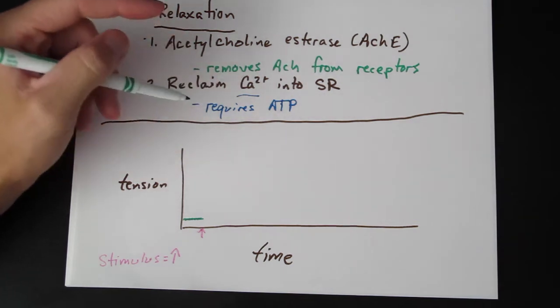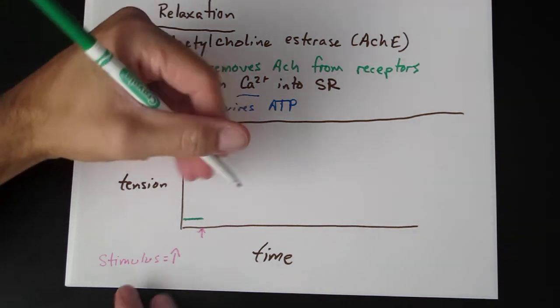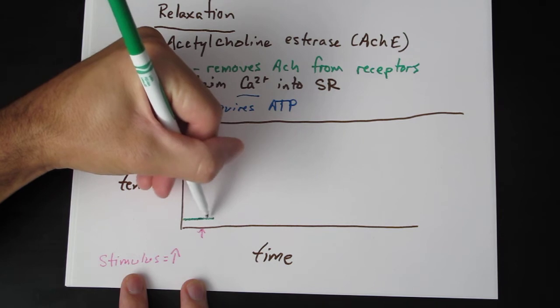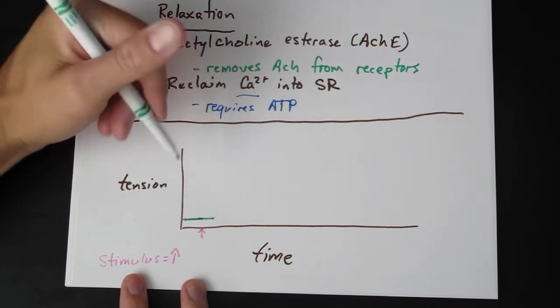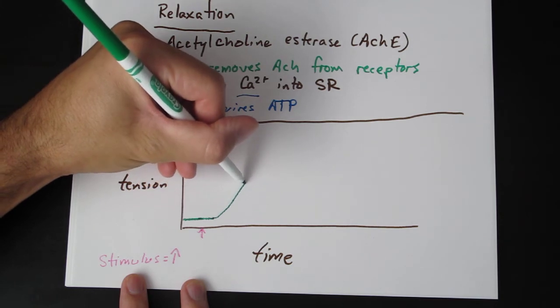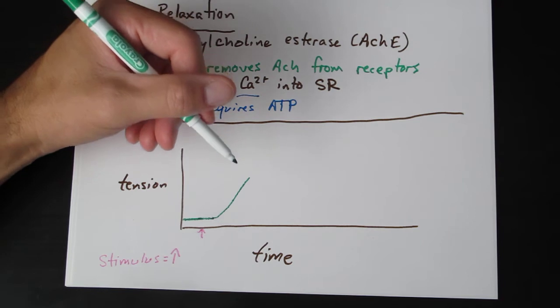It turns out that everything that we've talked about does take a little bit of time. So the muscle is not going to rise in tension right away. There's going to be a brief period of time where nothing is really visible in terms of increased tension in the muscle. But then we will see a rise in muscle tension as the steps that we've discussed take place. Right?